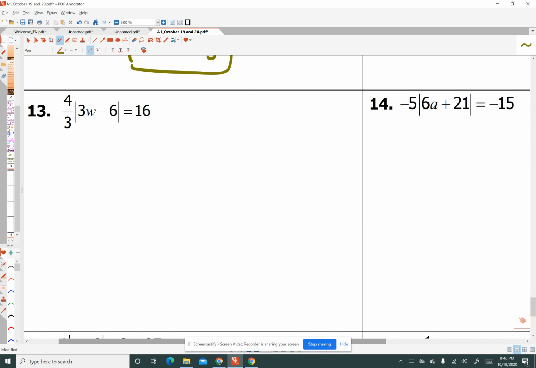Problem number 13, the first thing we want to do is multiply by the reciprocal of 4/3, which is 3/4. Whatever we do to one side, we do to the other.